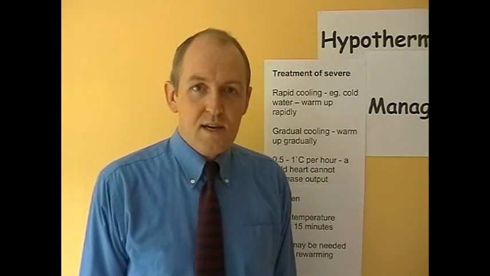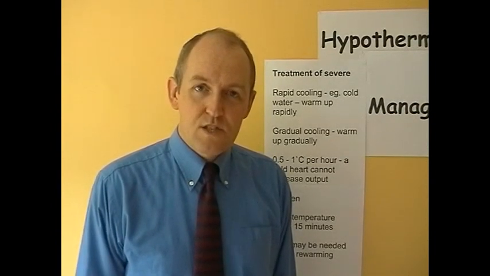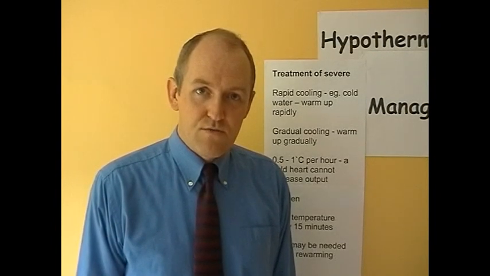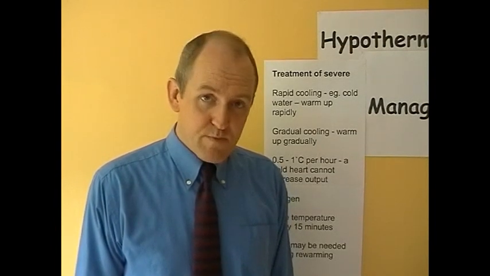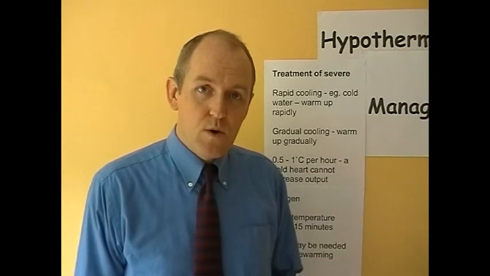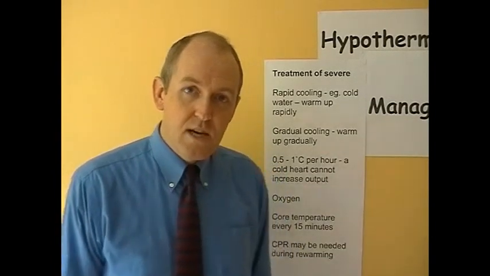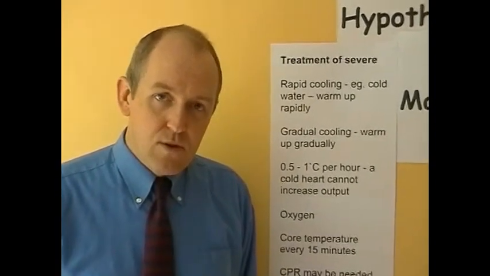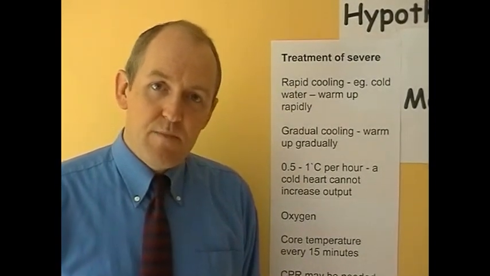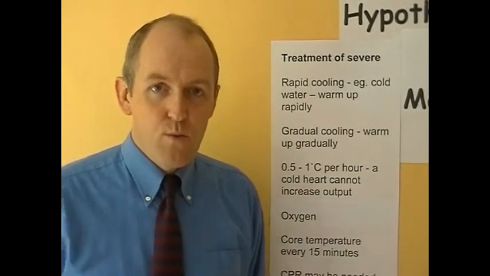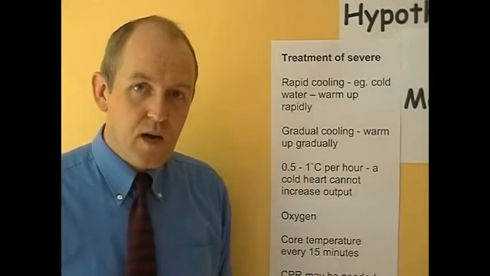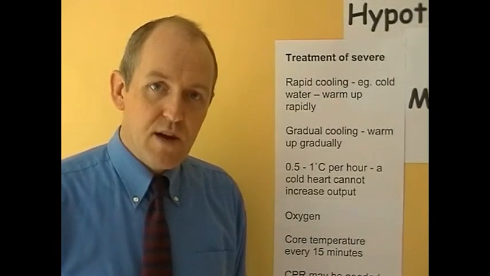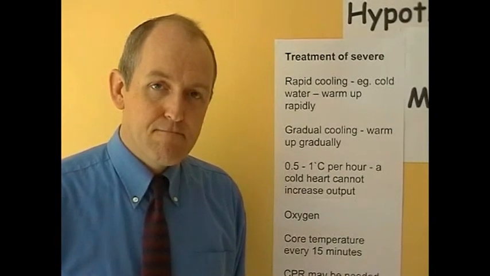So in established hypothermia, we want to be warming these patients up slowly, 0.5 to 1 degree per hour. This is especially the case in the elderly, where you want to be much more towards the 0.5 of a degree per hour level. And so this means you might be in a situation where a patient is actually warming up too quickly, and you take steps to keep the patient cool so you can warm them up at the rate you want to warm them up at.